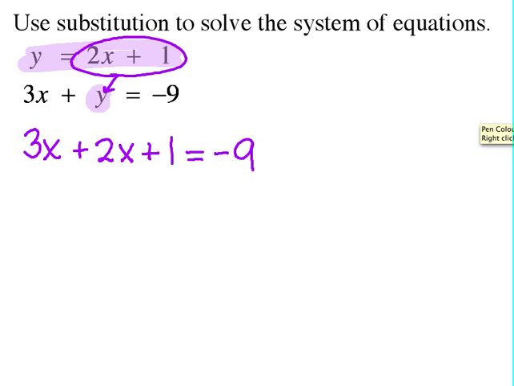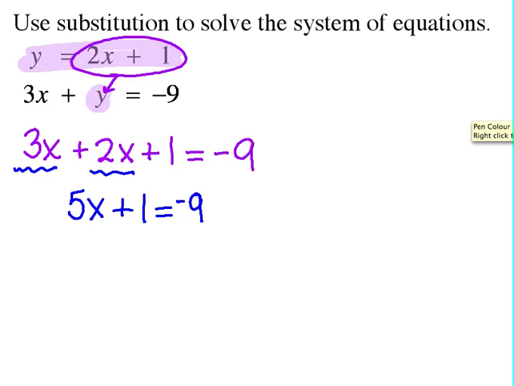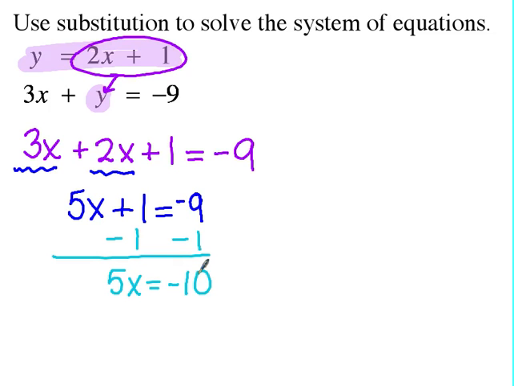The first step is to combine like terms. So 3x and 2x is 5x, so I have 5x plus 1 equals -9. To solve that for x, what do you do now? Subtract 1. So I get 5x equals -10.